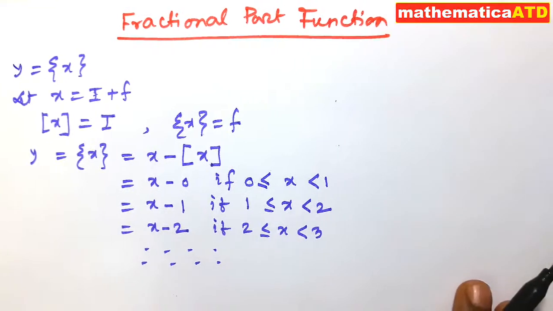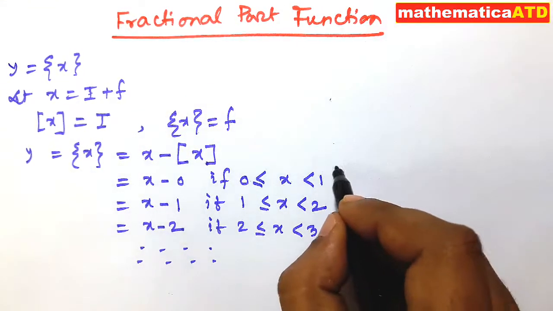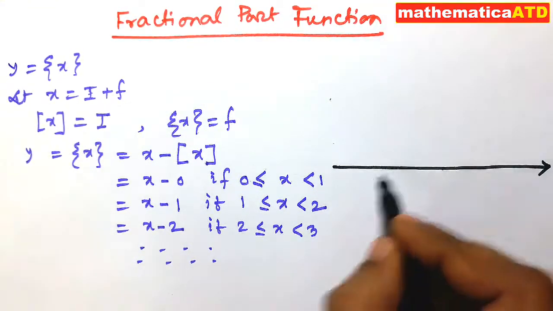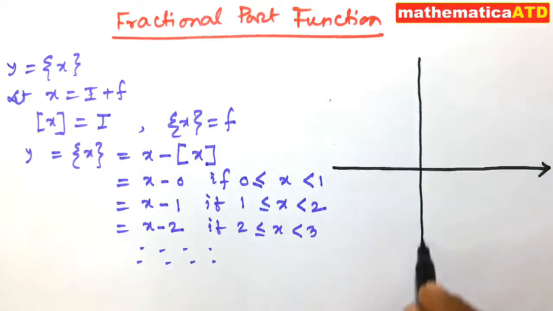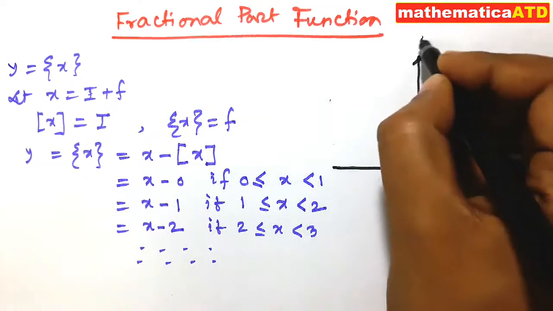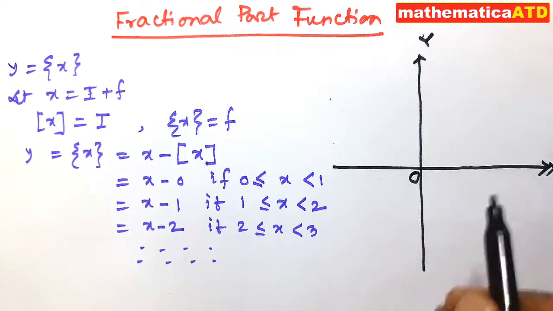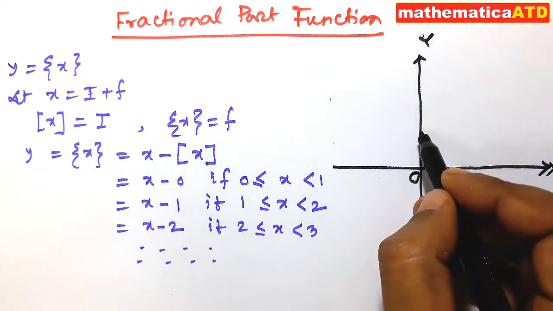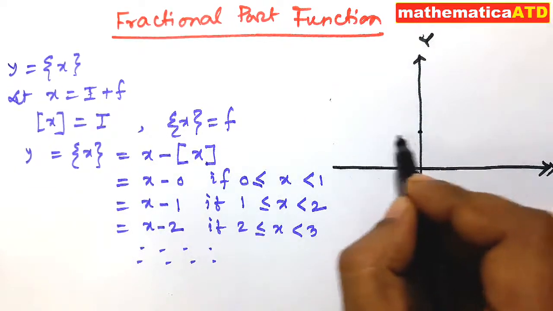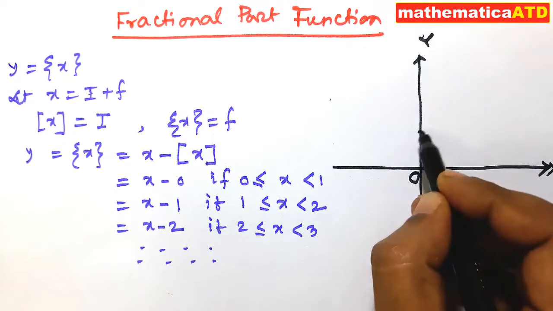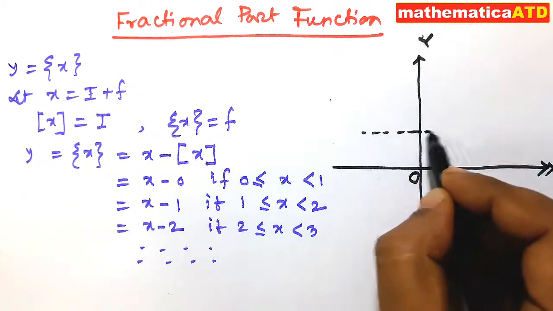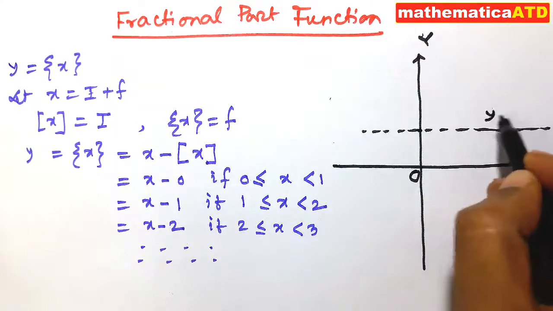Let us consider that this is the x-axis, this one the y-axis. So this is the origin. Say this is 0, 1. Through this point 0, 1, this line is actually y is equal to 1.